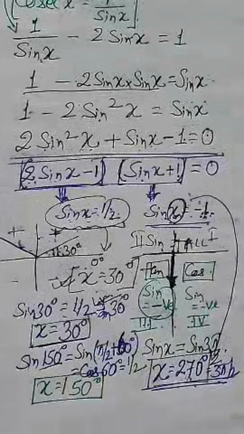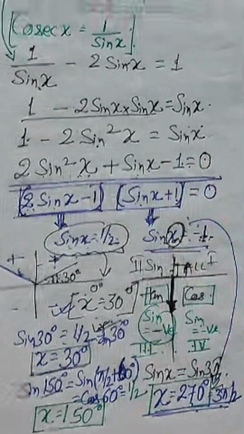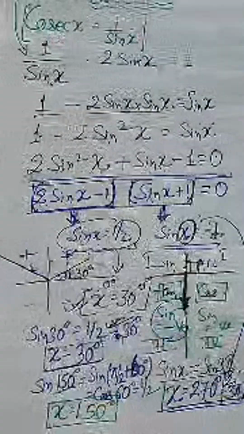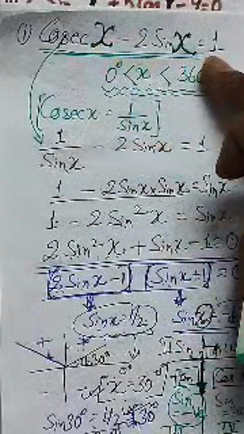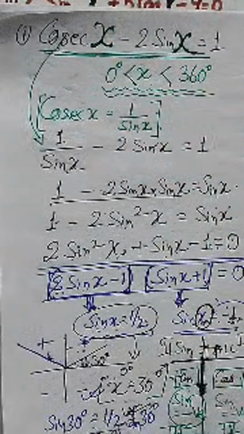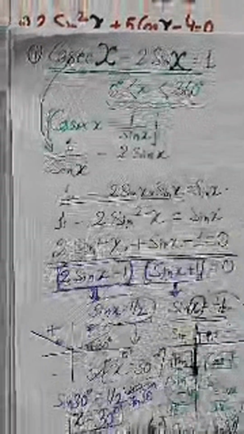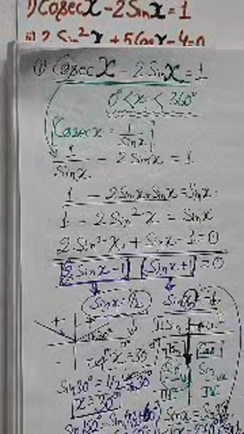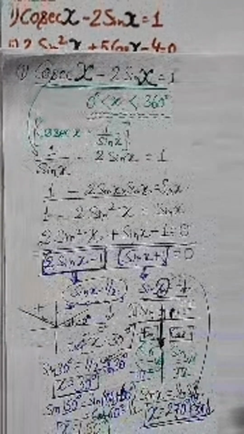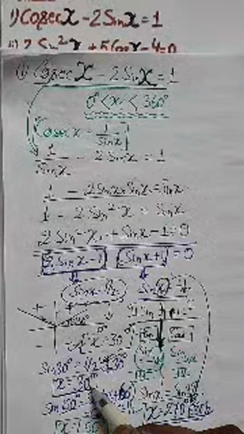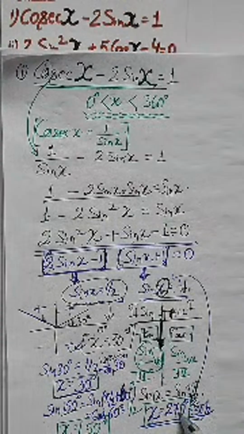So total three solutions for this equation. The first equation, what was the first equation? This: cosec x minus 2 sin x equal to 1 has three solutions, that is x equal to 30 degree, x equal to 150 degree, and x equal to 270 degree.